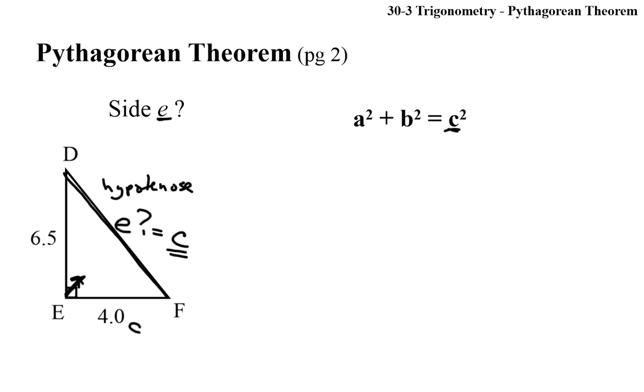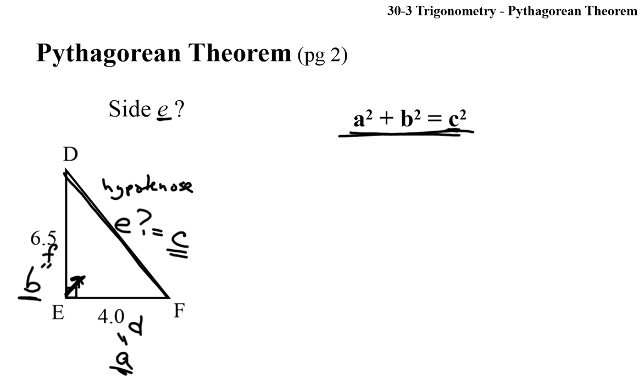Side D here, if it helps, you could think of that as A, and side F, we could think of that as B. If that helps to make sure you're using the correct values in the Pythagoras formula. Some of you just understand how it works, depends upon the individual.